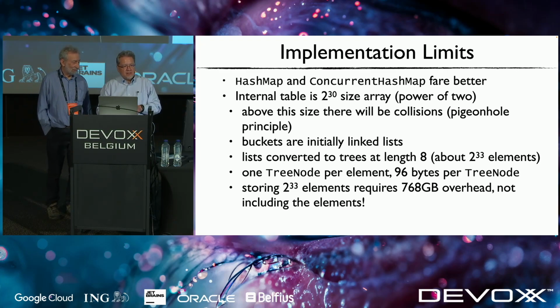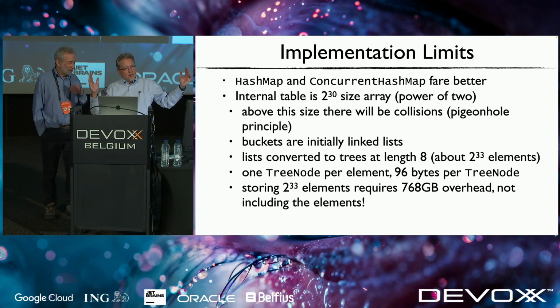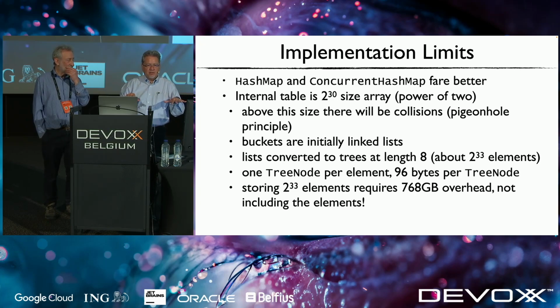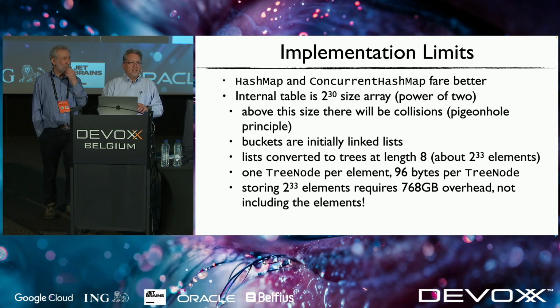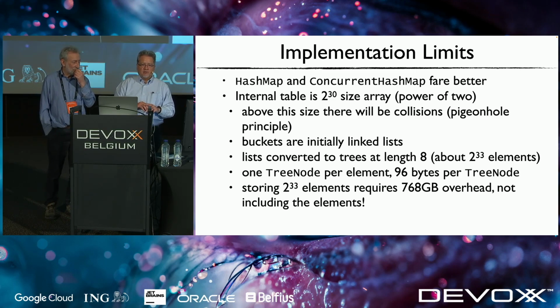But then what's interesting is, since you can't grow the table any larger, the linked lists get longer and longer. So what HashMap and ConcurrentHashMap do is, when the linked lists get long enough, they convert them into trees. If your elements are comparable, then you can search the bucket in a log n algorithm. And so each bucket can get quite a bit larger without too much of a problem.